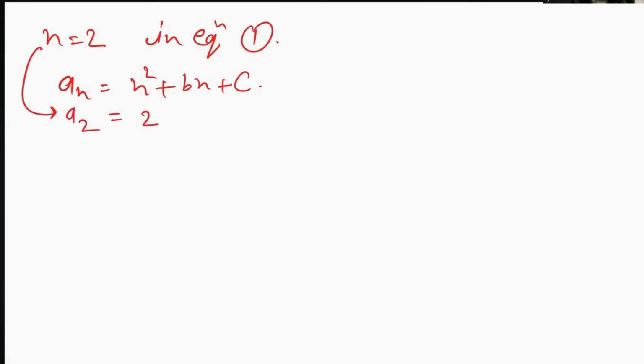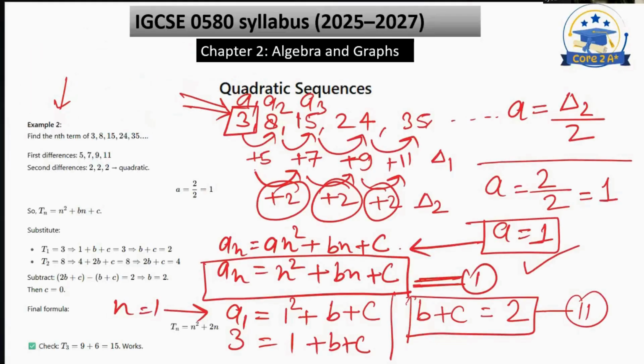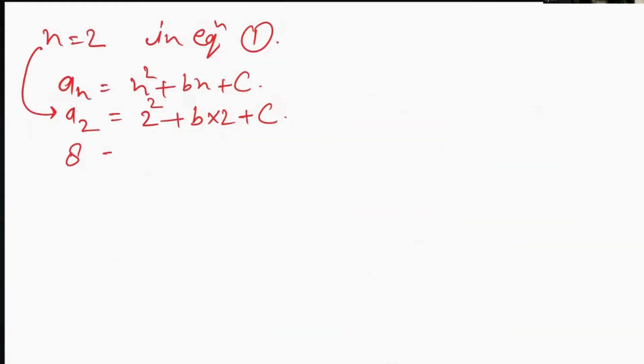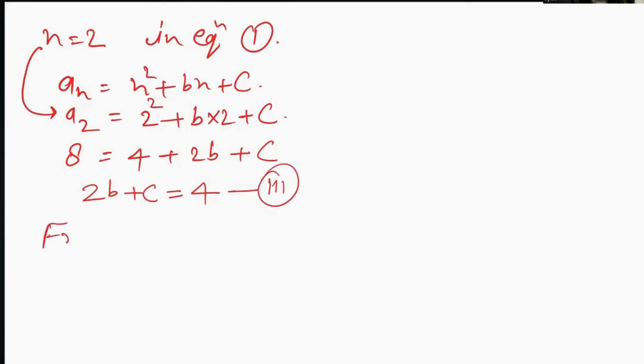A2 equals 2 square plus B times 2 plus C, right? A2 is what? Your original sequence. The second term is 8. So A2 is 8, right? 2 twos are 4 plus 2B plus C, right? 2B plus C equals 8 minus 4, 4. You may make this your equation number 3. From 2 and 3.